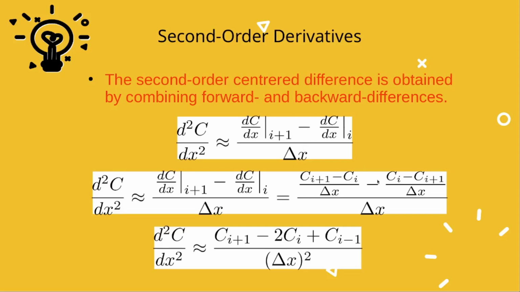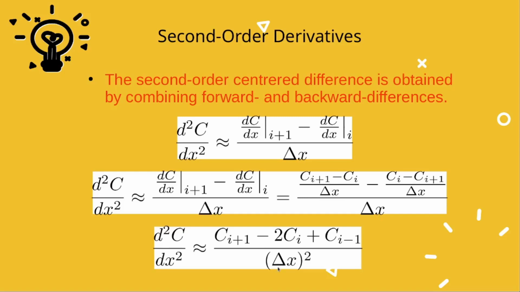And then this minus drops down here. And this del C del x, we are going to write in terms of our backward difference. So that is C of I minus C of I minus 1. There's a typo there. It should be I minus 1 over delta x. And this whole thing is now getting divided by this delta x carrying from the above equation.